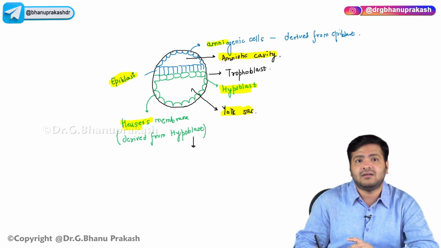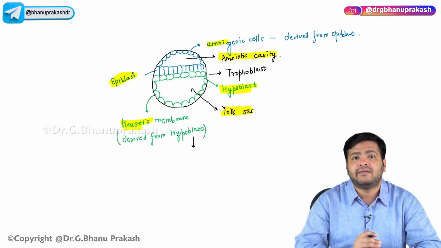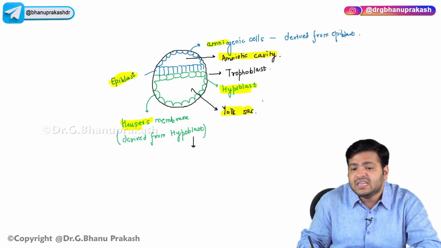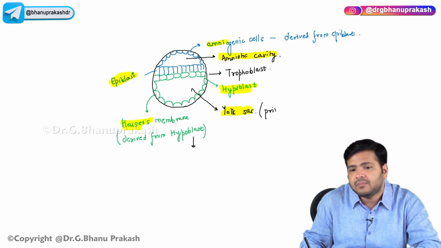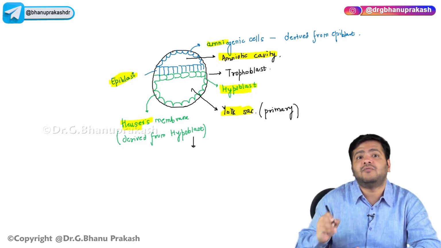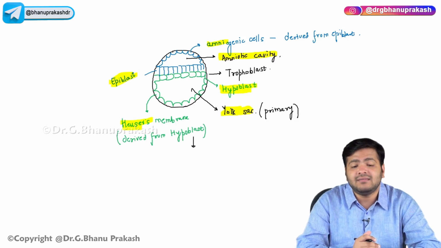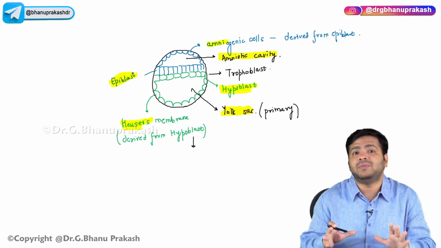The walls of the yolk sac, or I can say this primary yolk sac, will proliferate, and the cells will accumulate outside.